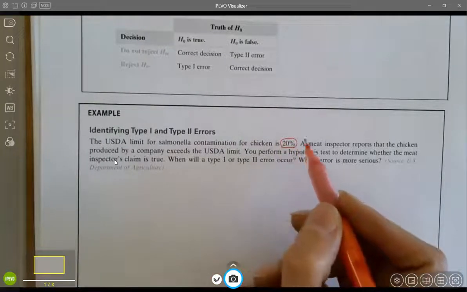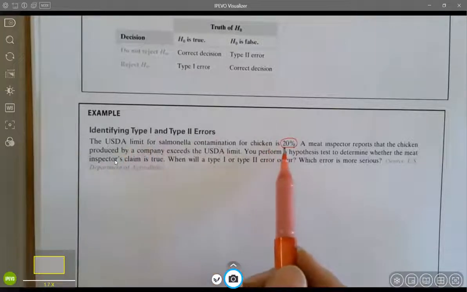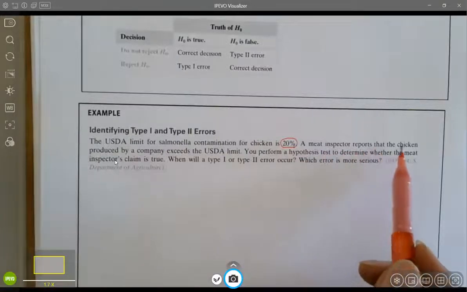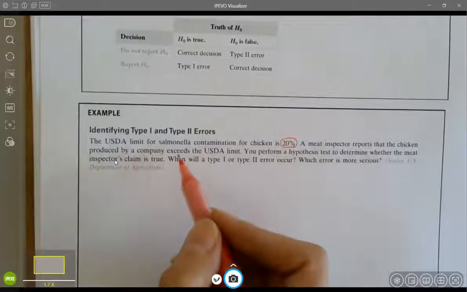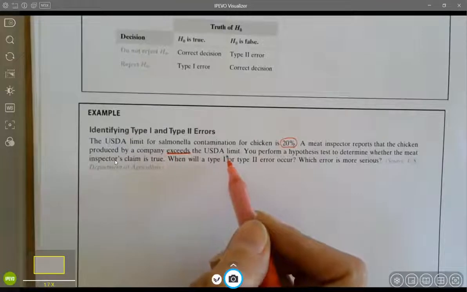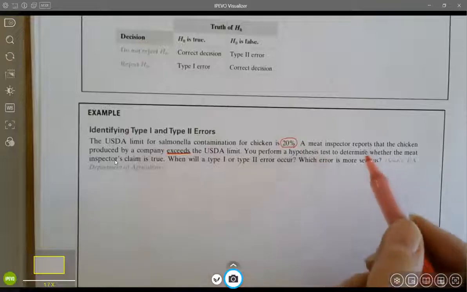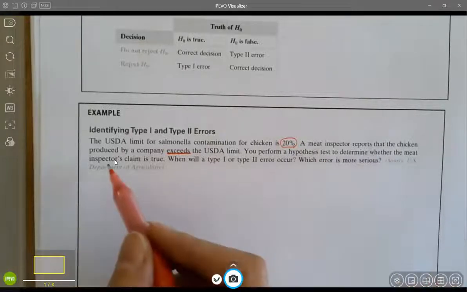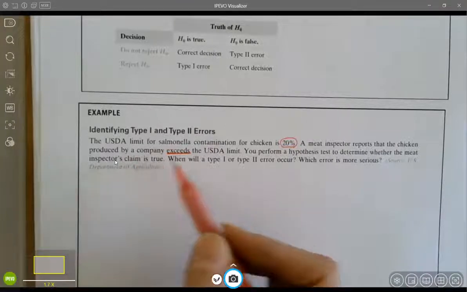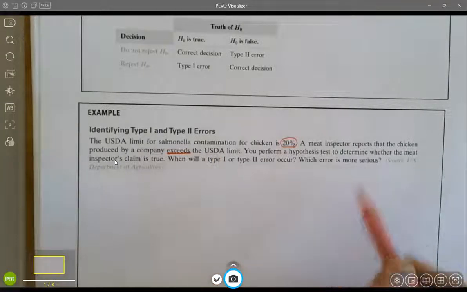So let's just circle this number. The limit is 20%. A meat inspector reports that the chicken produced by a company exceeds, the keyword, exceeds the USDA limit. You perform a hypothesis test to determine whether the meat inspector's claim is true or not. When will a type 1 or type 2 error occur? Which error is more serious?